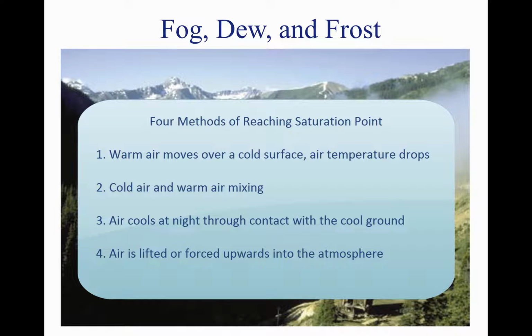Second, the saturation point may be reached when cold air and warm air mix. Third, when air cools at night through contact with the cooler ground, air reaches its saturation point. The fourth method occurs when air is lifted or is forced upward in the atmosphere.